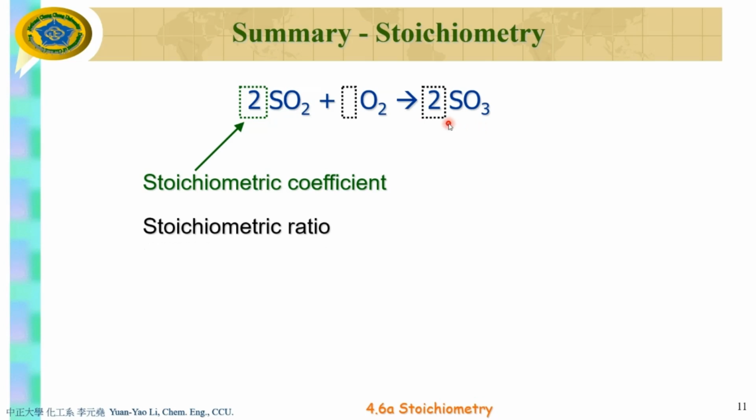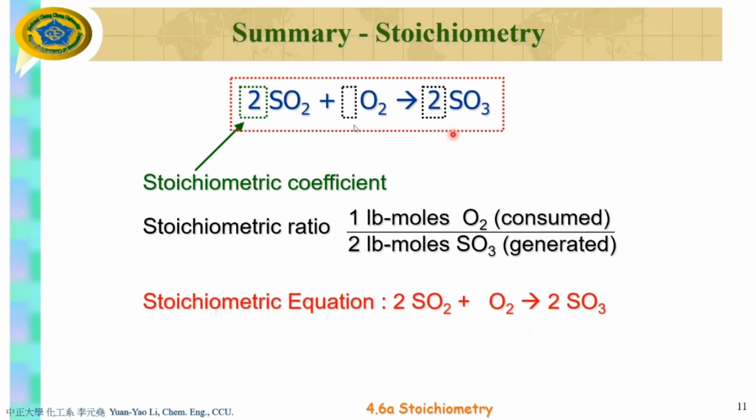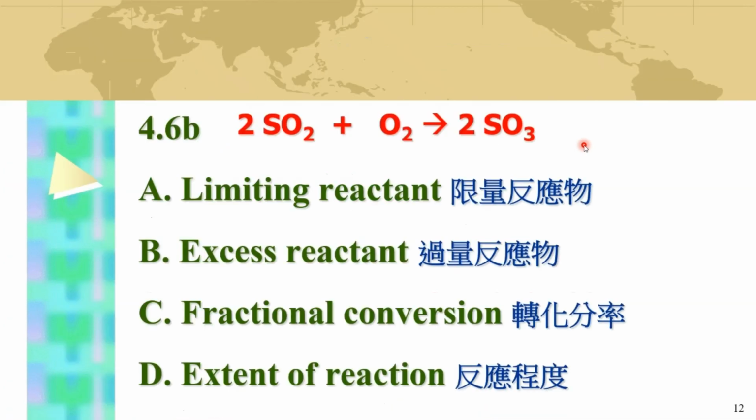How about the stoichiometric ratio? 2 to 1, or 2, 1, 1, 2. This is what we call the stoichiometric ratio. And then in all, this is called the stoichiometric equation. Okay? So this is very easy, very easy.